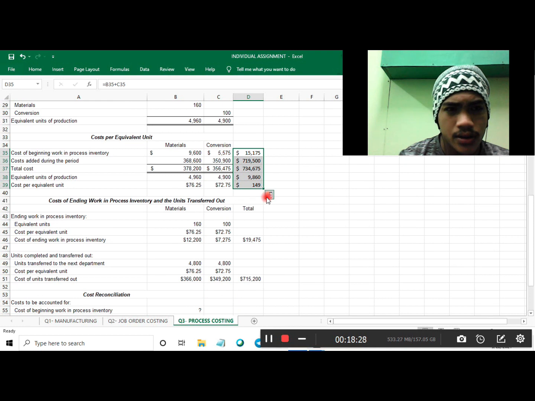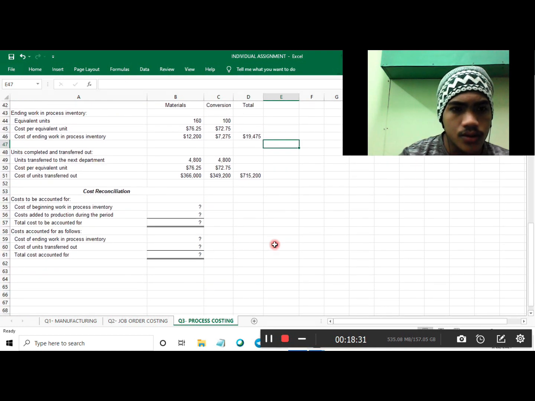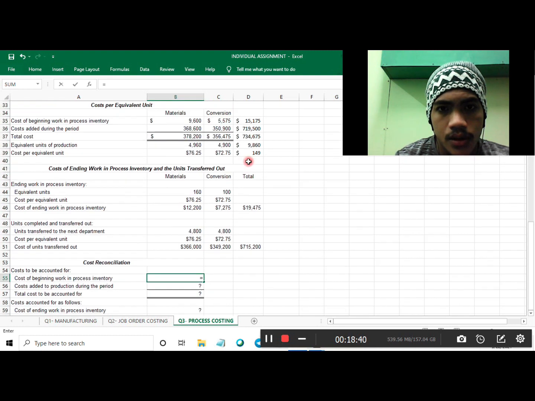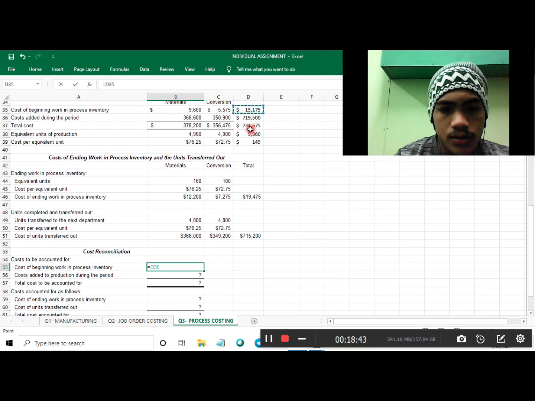Okay, so for the cost reconciliation, for the cost of beginning WIP, we just take this 15,000.